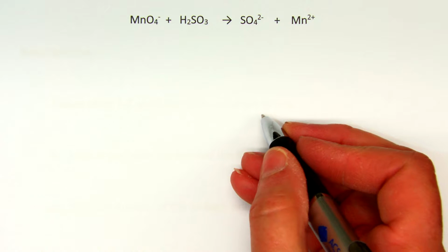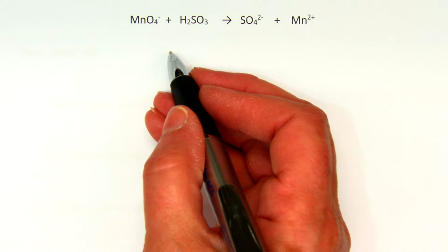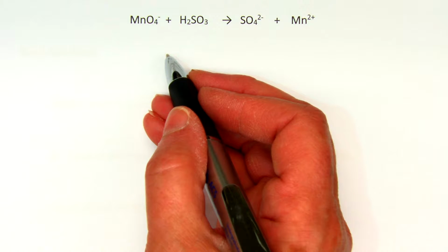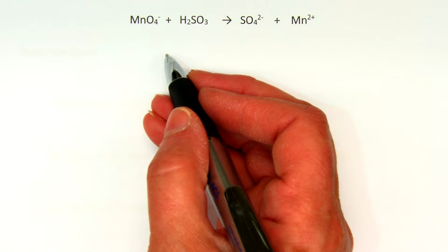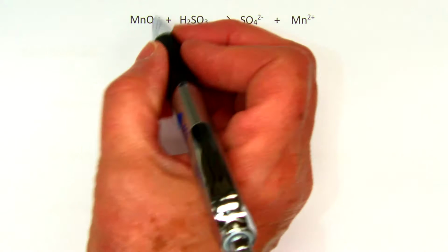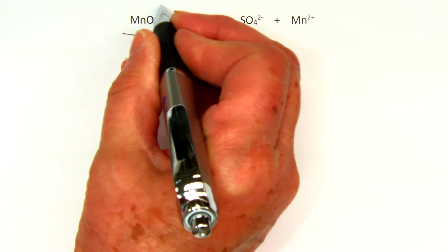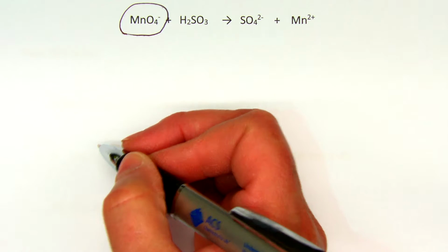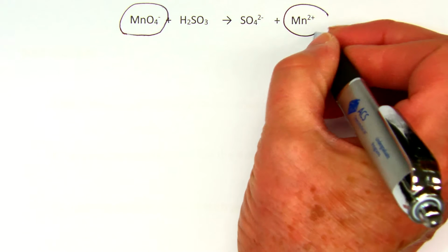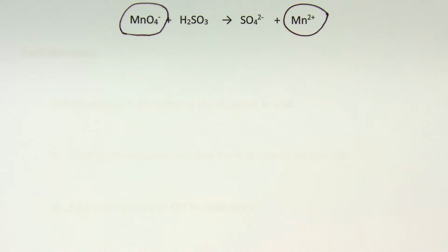And I want to start by dividing this into two half reactions. So I look for the non-oxygen or hydrogen species that are the same on the reactant and product side. The permanganate ion contains manganese, and the manganese ion contains manganese. So that makes one half reaction.